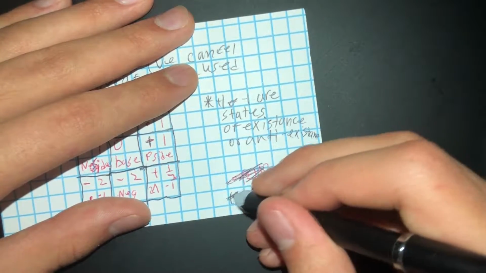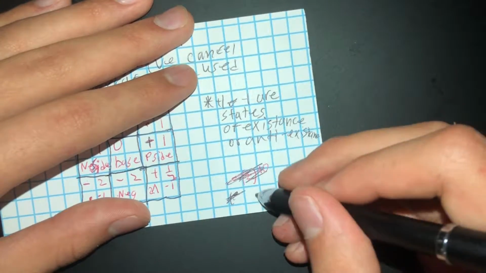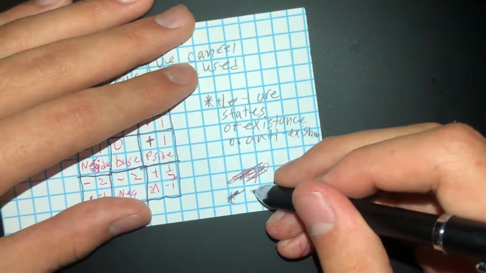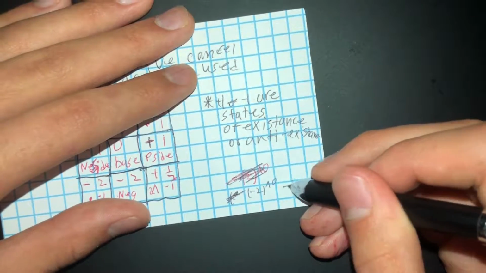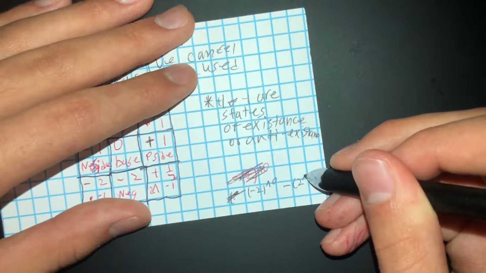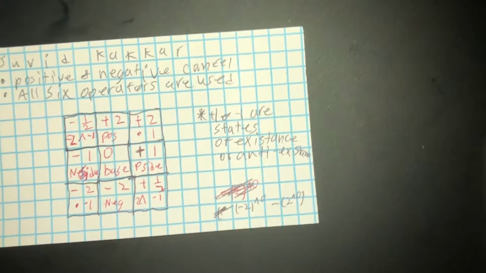So there's a difference between this and what we're talking about, which is this. First we got 2 to 0 and then negative.